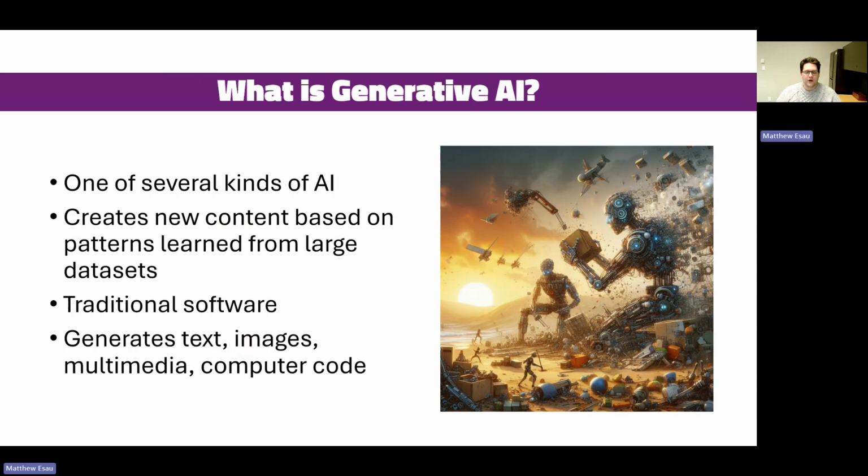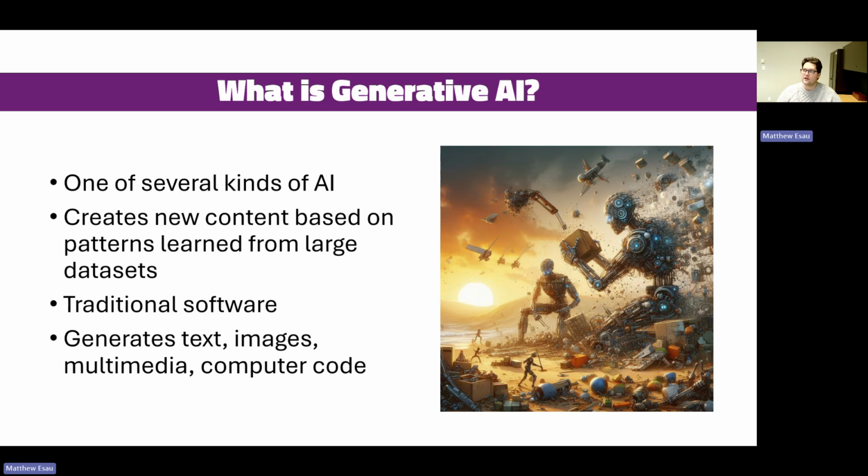When I refer to AI for the purposes of this seminar, I mean generative AI. So what does that mean, generative AI? There's actually a lot of different terms for artificial intelligence and different varieties. Generative AI is a specific kind of AI.